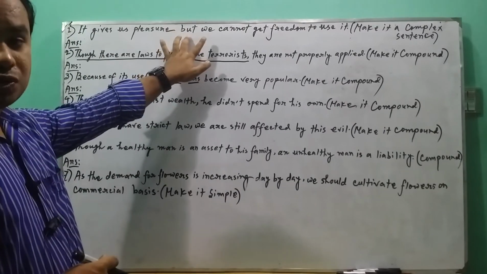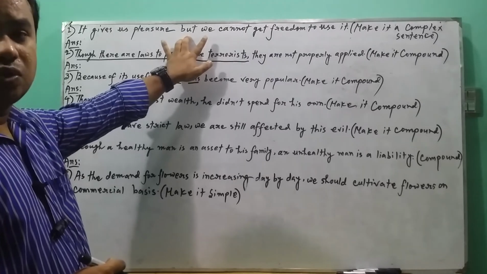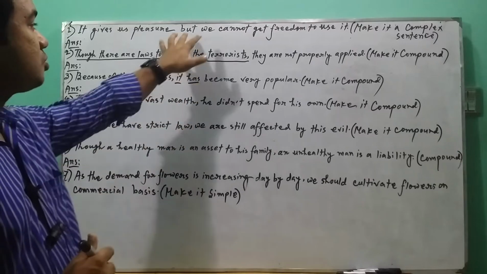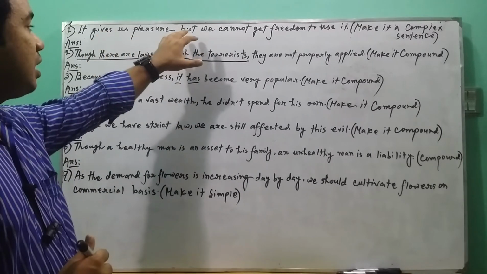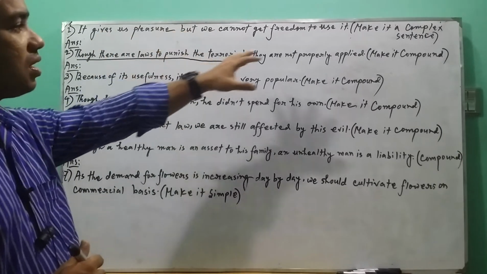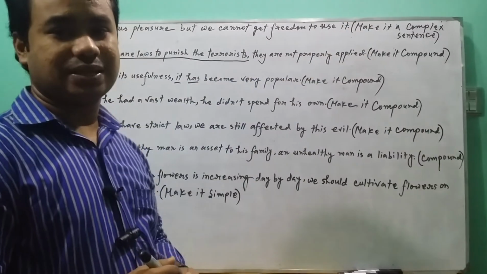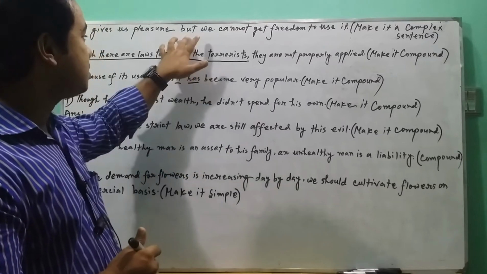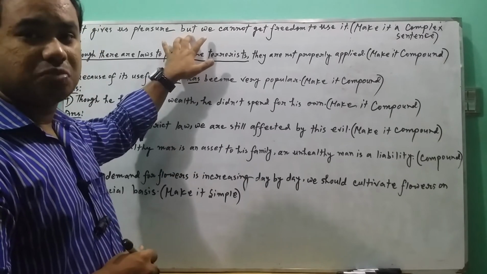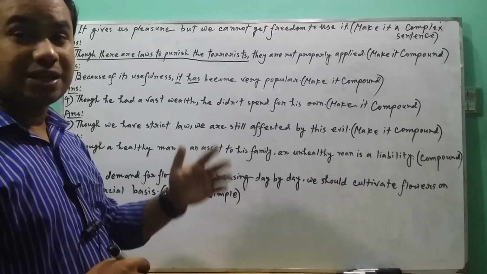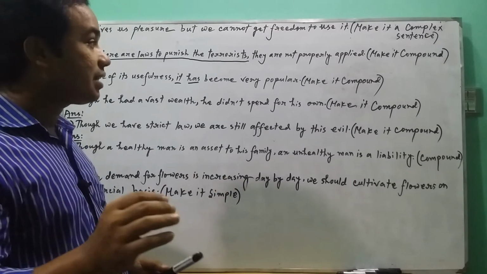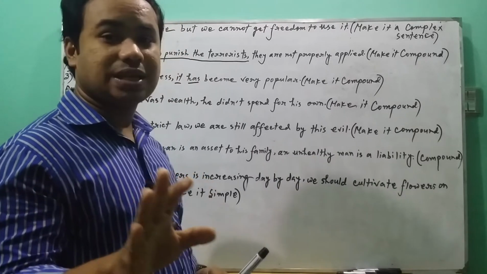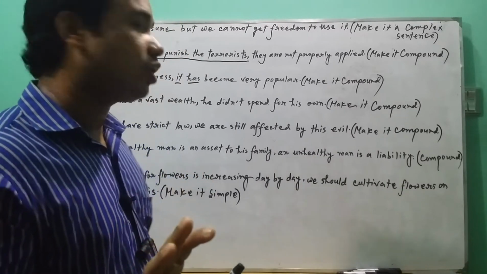As this is a compound sentence, as we have said before, the coordinating conjunction connects the two independent clauses, and we have to make this a complex sentence. You have to just remember, this is a coordinating conjunction, but there might be yet also. And the complex sentence must include though, although, even though.